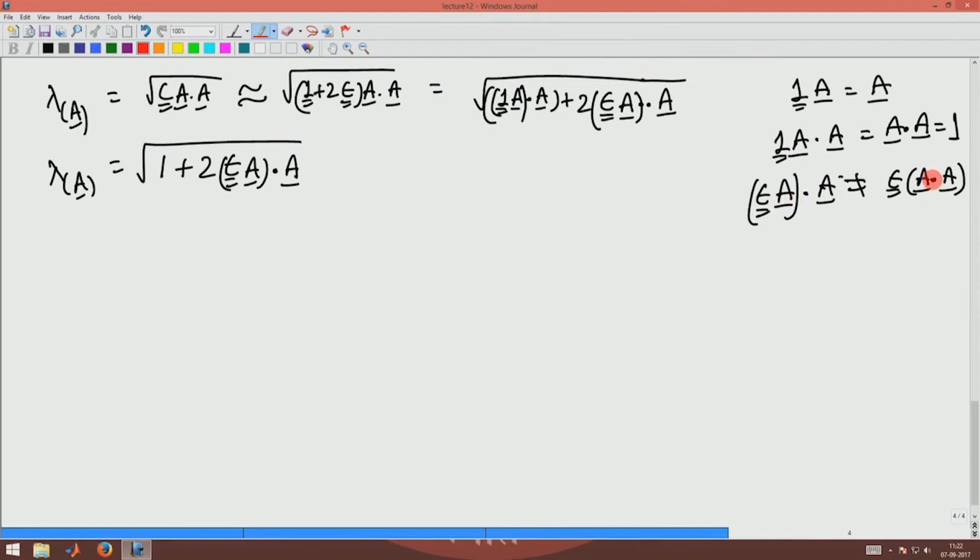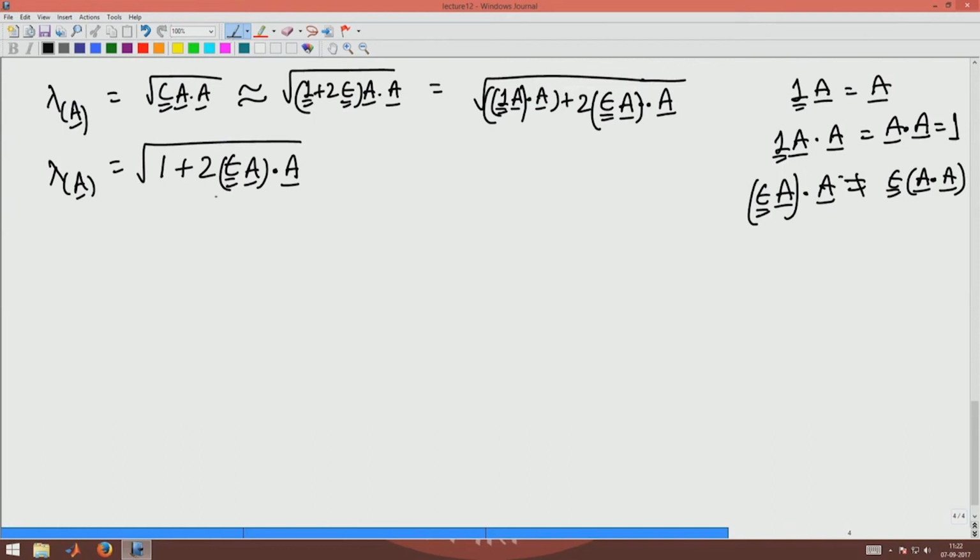On the other hand, here A dotted with A will give you a scalar value, and this epsilon is a second order tensor. So, this will be a second order tensor and this will be a scalar, hence the order itself does not match and these are not equal. Okay. So, this is this.